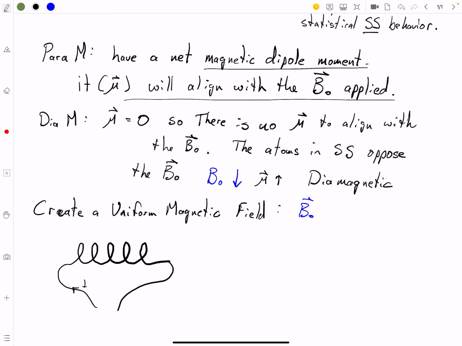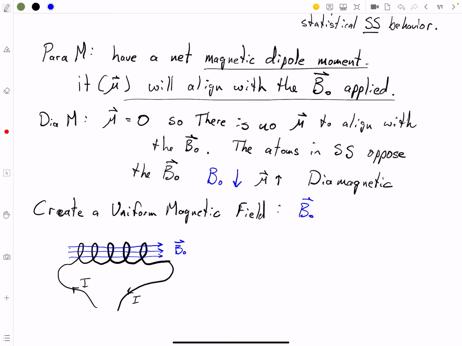Let's run our current in this way and run our current out that way, and we'll have some uniform B field going right on through. Okay. Done. Created a uniform B field. All right, so we want to do that, and of course it has to be uniform, right? Because scientists need to keep everything simple as you're trying to do your experiments.